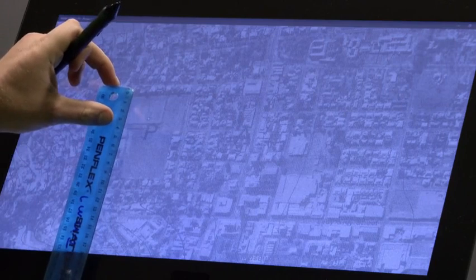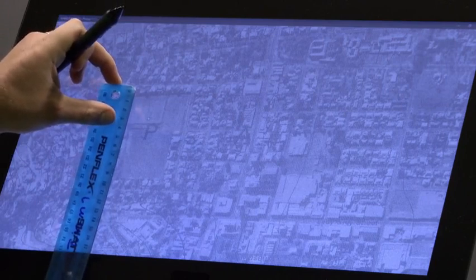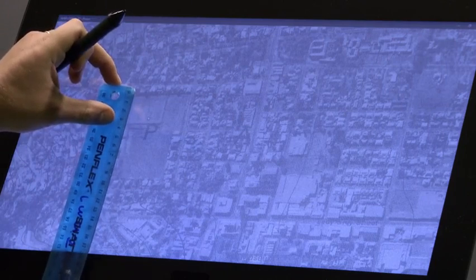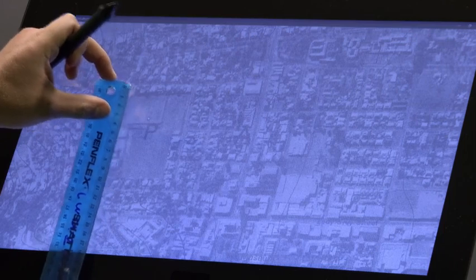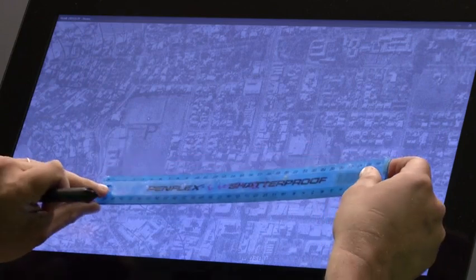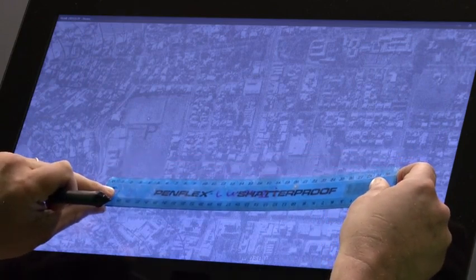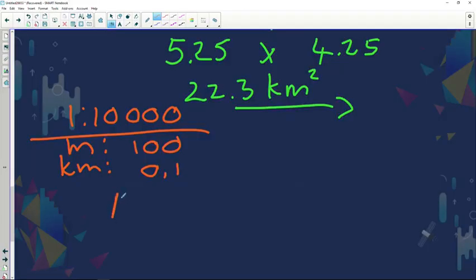So we measure the length, as you can see, 9 centimeters. We measure how wide it is, and as you can see, it's 4.5 centimeters. We said area equals length times breadth, so the length was 9 centimeters.